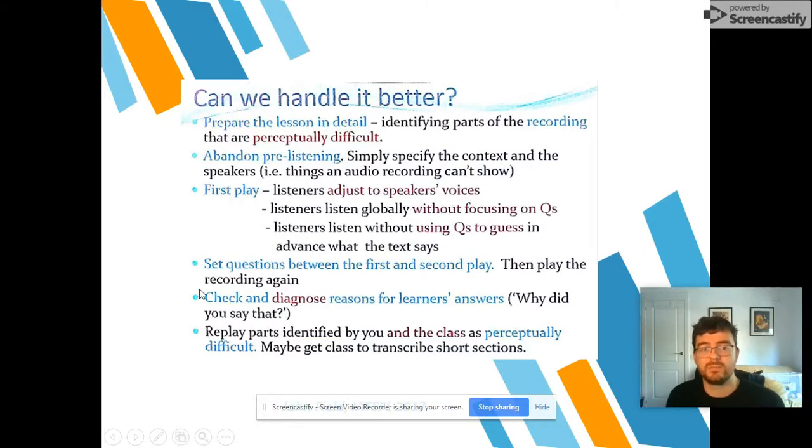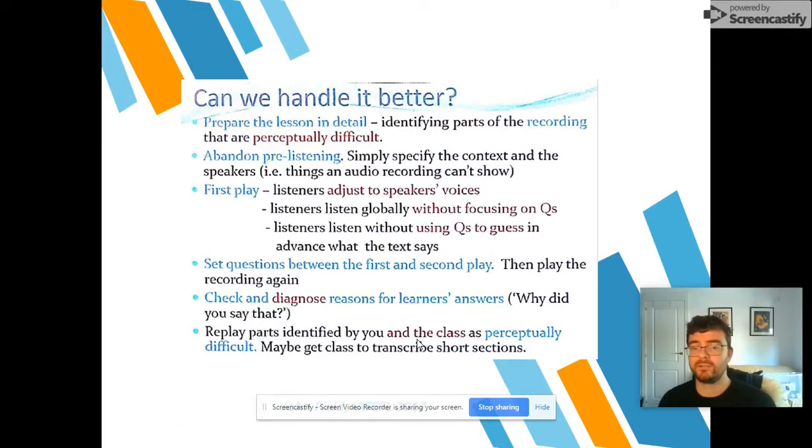After that, you might set some questions. And after that, check and diagnose reasons for learners' answers. So get them to speak together, say, why did you say that? Maybe they hear these mondegreens, these phantom words, like those misheard song lyrics. It's like, I thought you said this. I see why. It sounds very similar to something from the tape script there. And finally, replay parts identified by you or the class as perceptually difficult.